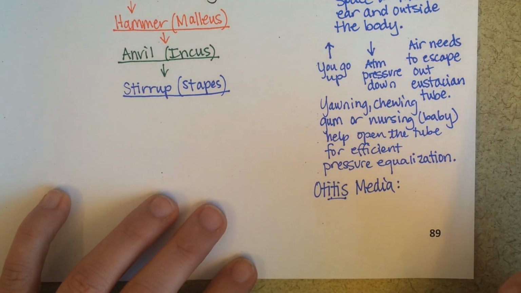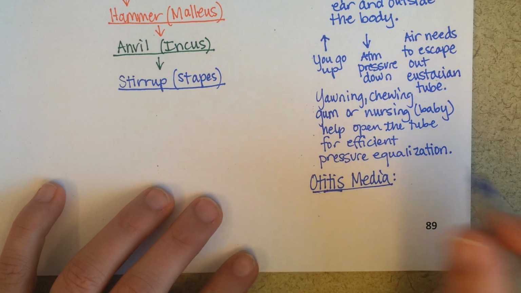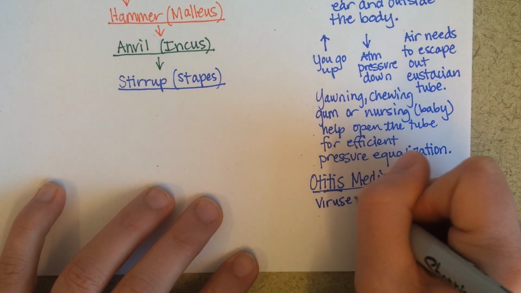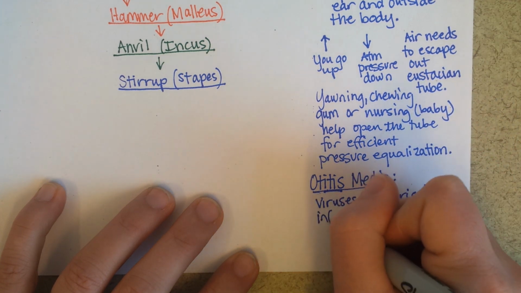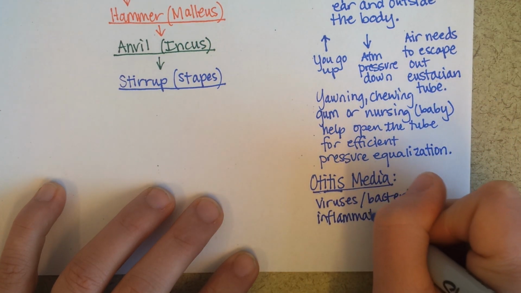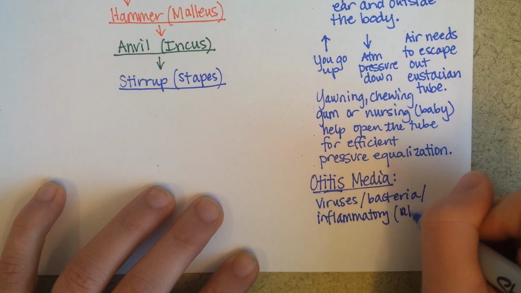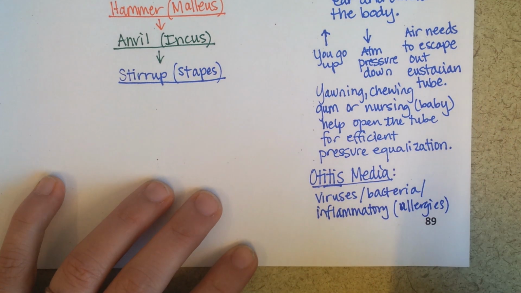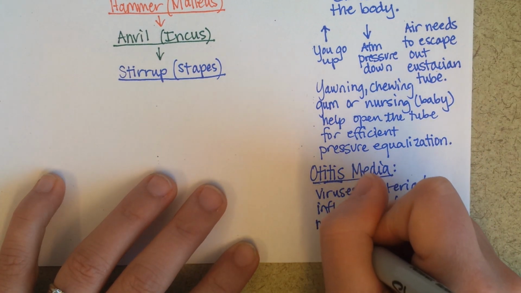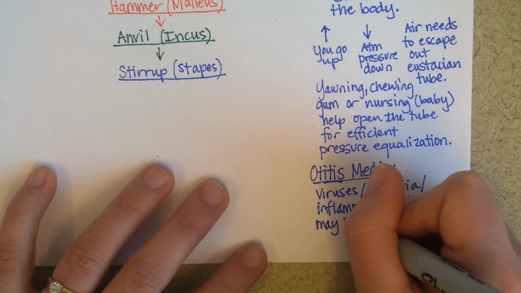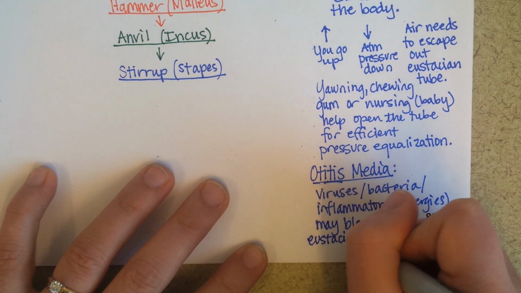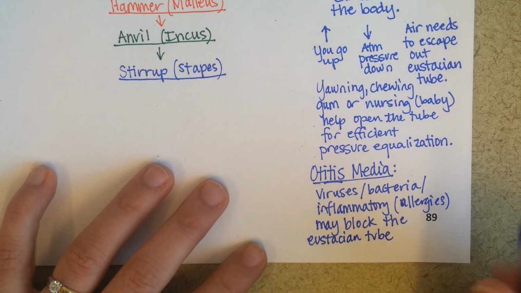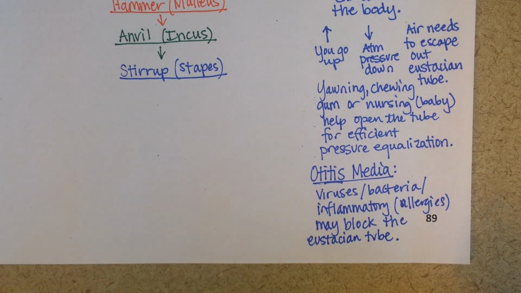Middle ear infections are what we talk about, when viruses or bacteria or inflammatory response, maybe allergies, may block the eustachian tube from equalizing pressure, or it might just build up too much pressure in the middle ear and be pressing out.